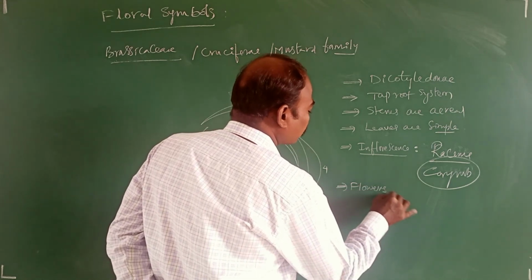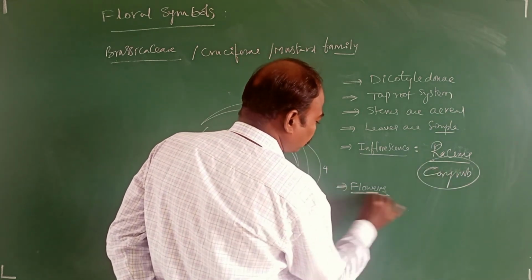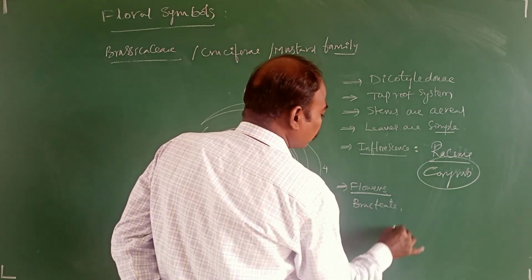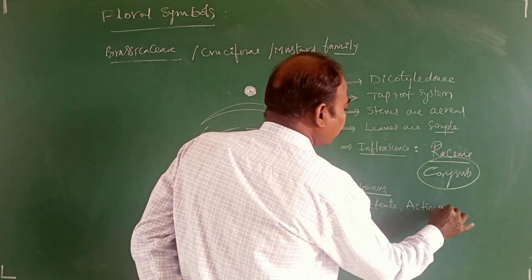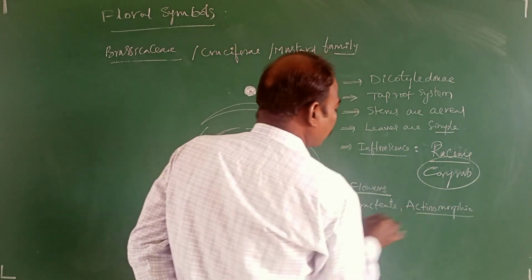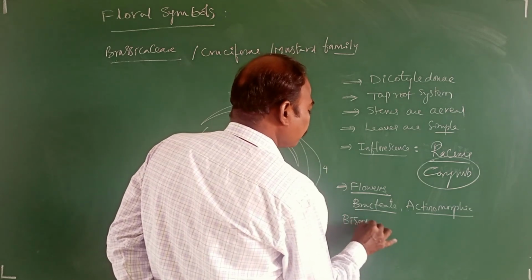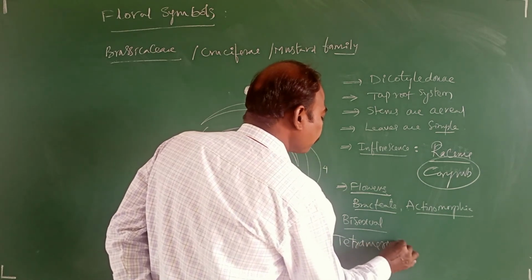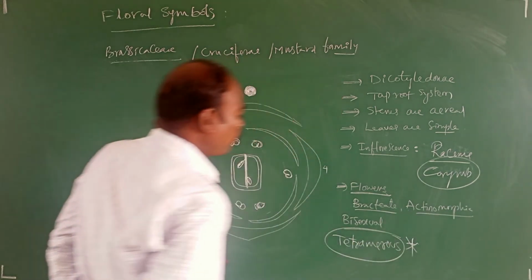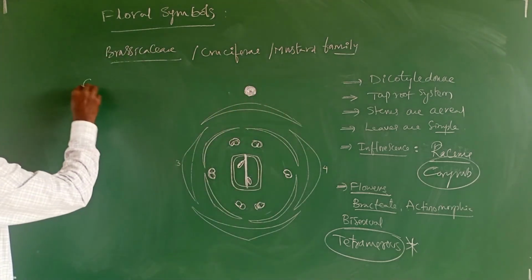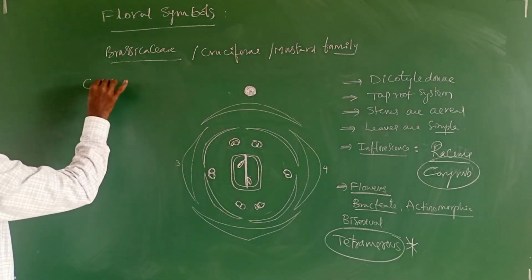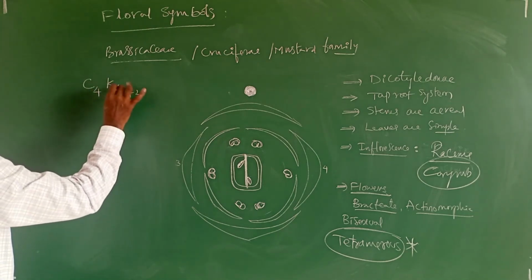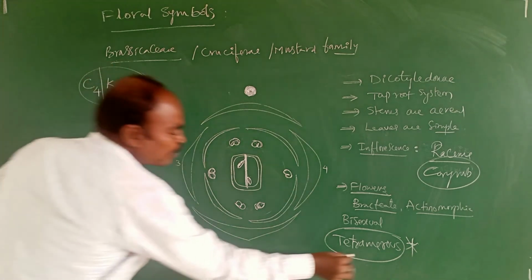Flowers are bracteate, actinomorphic, bisexual, with a tetramerous condition. Important: the floral whorls, calyx 4, corolla 4, and androecium 2 plus 4, indicate the tetradynamous condition.